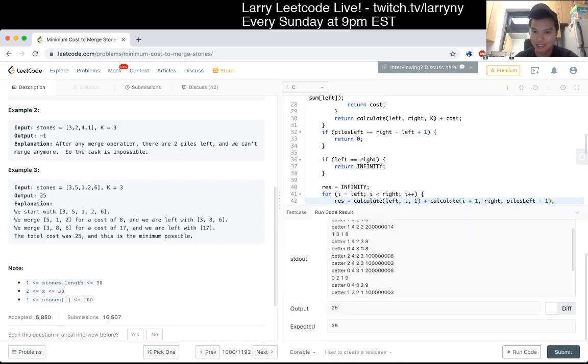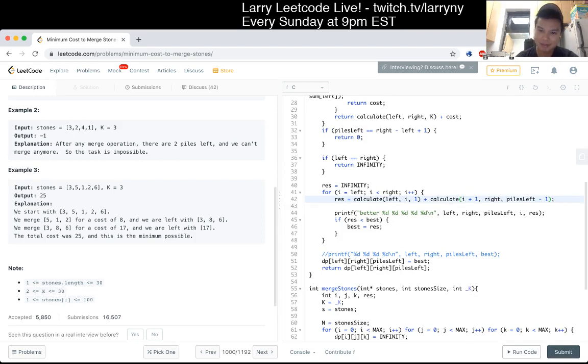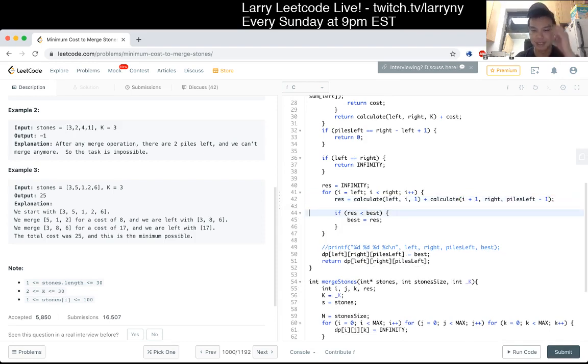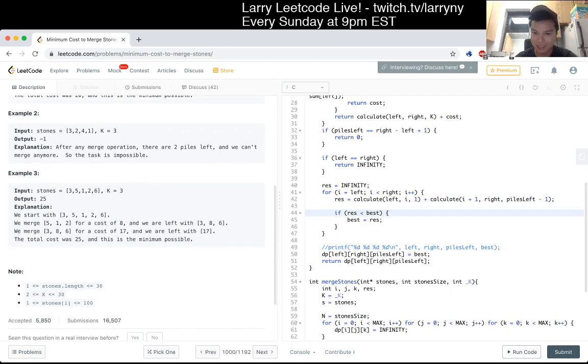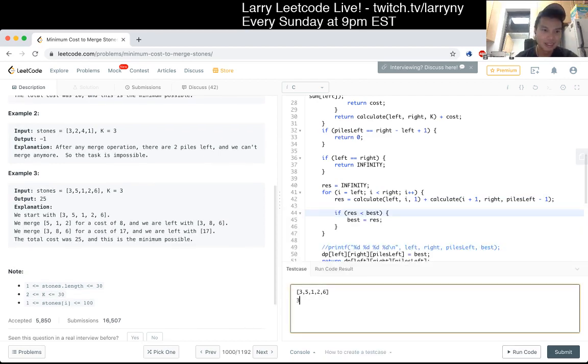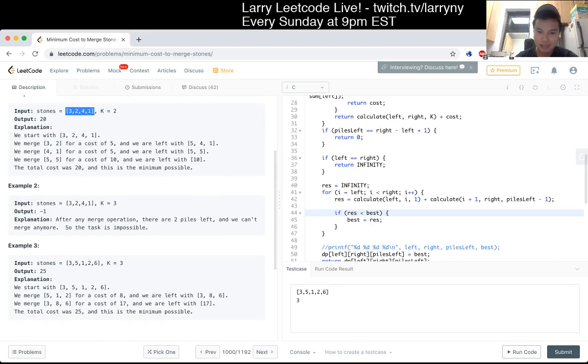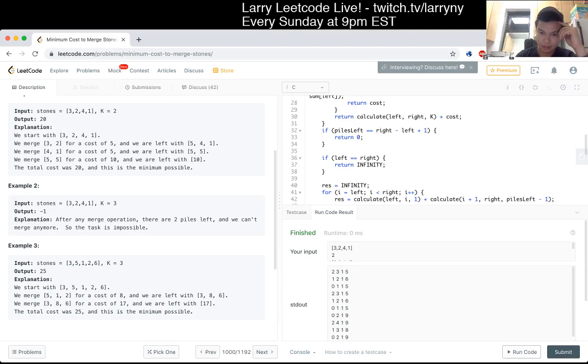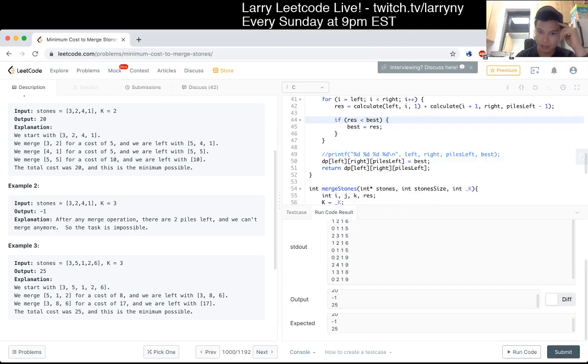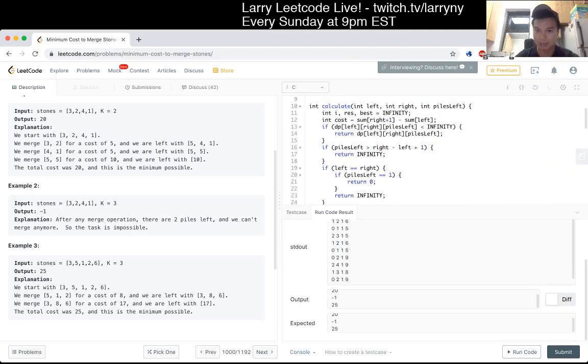Okay. Base cases are hard. Let's at least test the other ones, because I'm not super confident. Okay, at least it's right. Wait, I have to put somewhere.